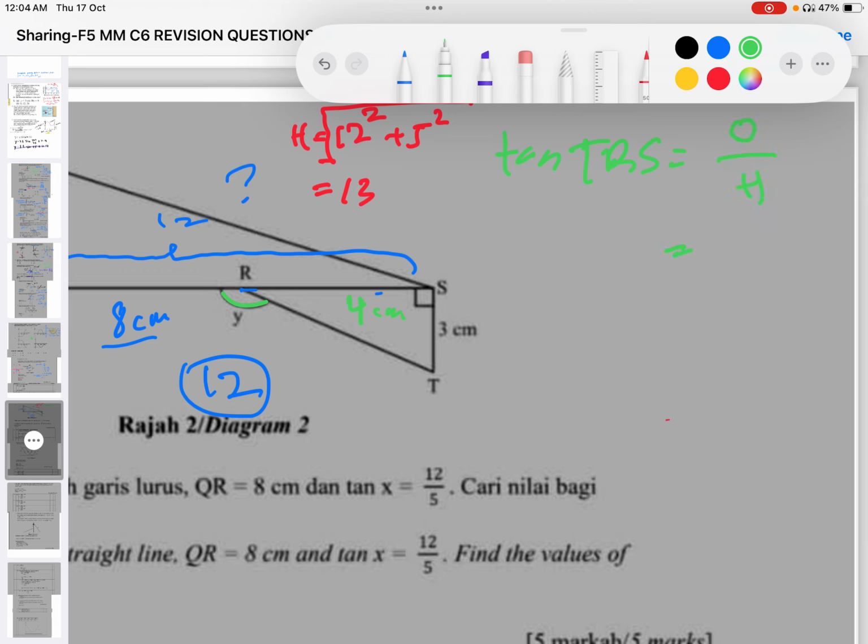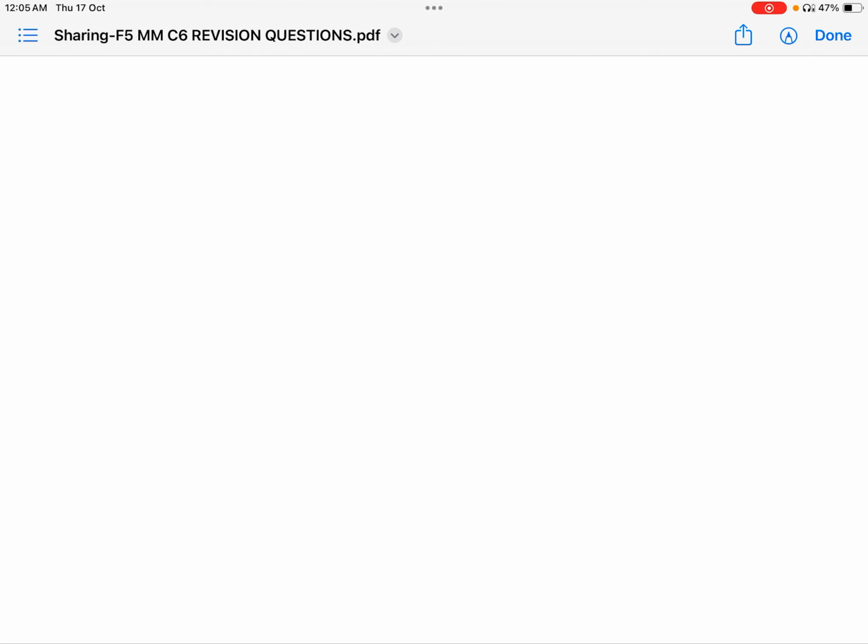Opposite kawasan segitiga sudut ni adalah going to be 3 cm, and hypotenuse dia kita cari pakai teorem Pythagoras, 4 kuasa 2 tambah 3 kuasa 2 is going to be 5. So ini adalah 5 cm. Okay.